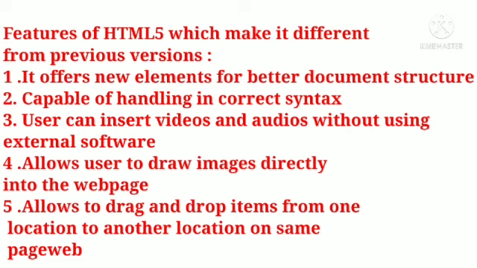In HTML5, users can insert videos and audios without using any external software. HTML5 allows users to draw images directly onto the web page by using its canvas feature. It allows dragging and dropping items from one location to another on the same web page.